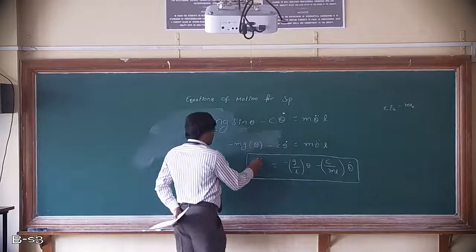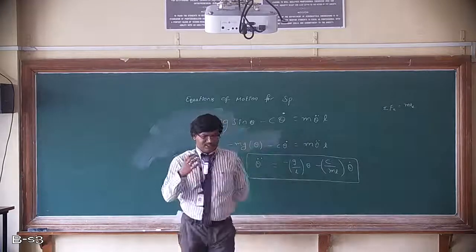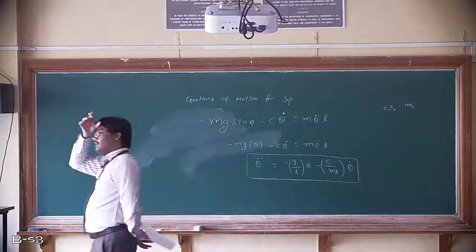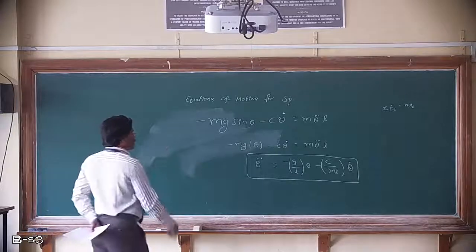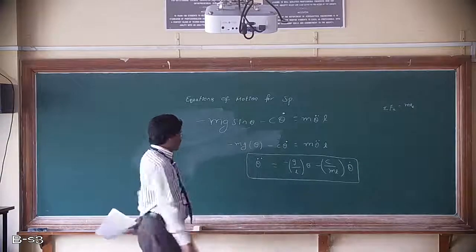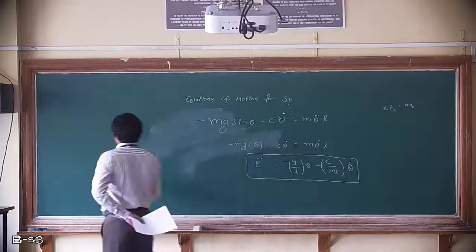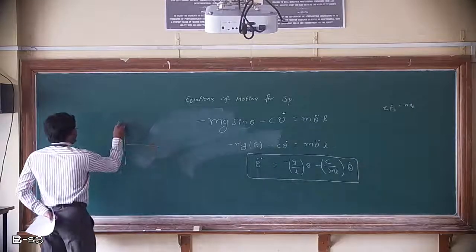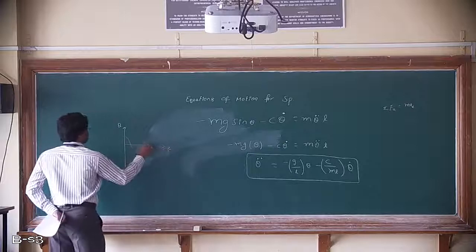From your basic engineering mathematics, you are familiar with solving this type of equation. If you solve the second order differential equation, you will get theta as a function of time, that is, how it will respond.